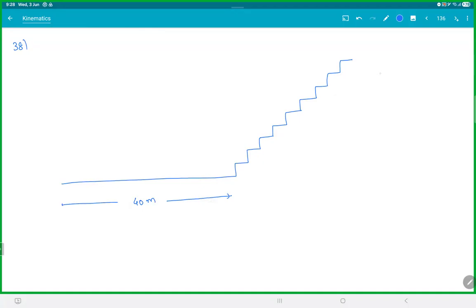So here we have steps. Each step's width is 1 meter. Height is also 1 meter. So we can say this is your first step, this is your second step, this is your third step, and so on. Each step is 1 meter wide and 1 meter tall.